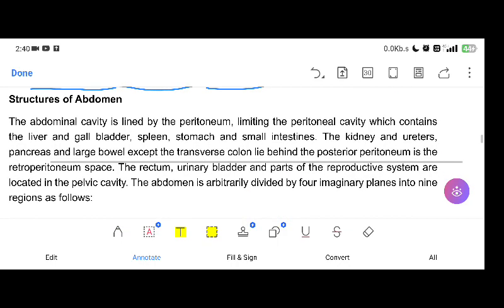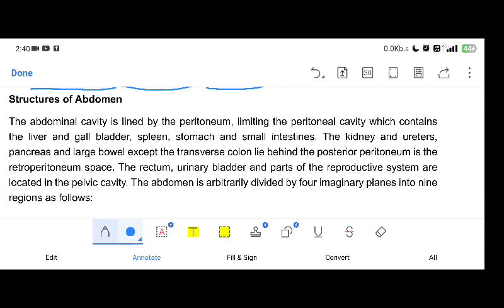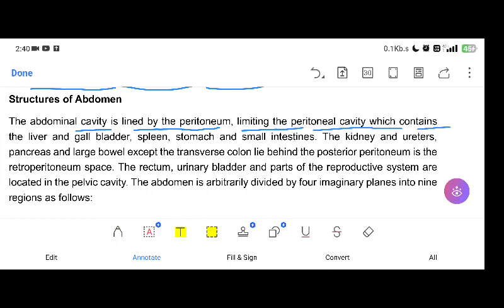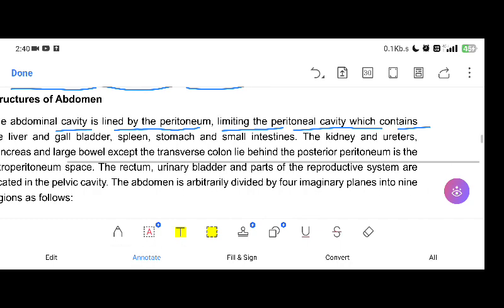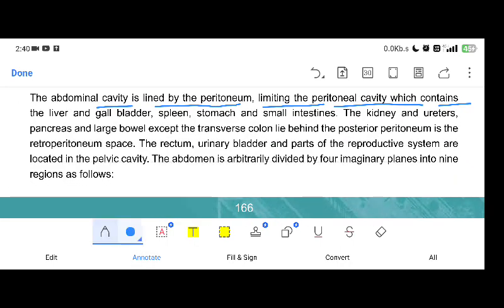Structure of the abdomen: the abdominal cavity is lined by the peritoneum, limiting the peritoneal cavity, which contains the liver, gallbladder, spleen, stomach and small intestines.